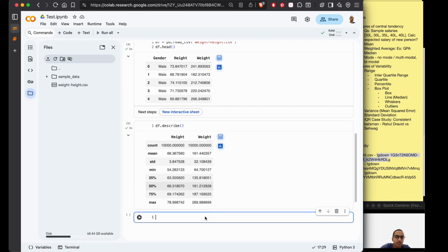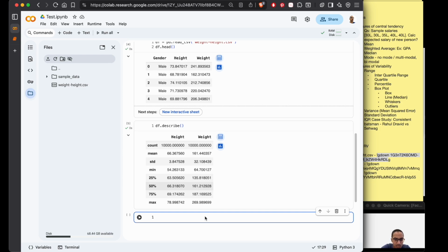Now let's do a hist plot here. No, we'll do a box plot. Yeah, box plot. Hist plot we'll be doing for the IQR study anyway. Wait a second.